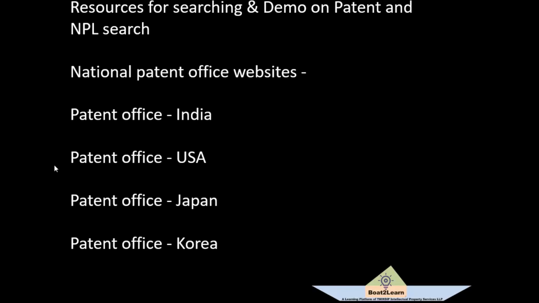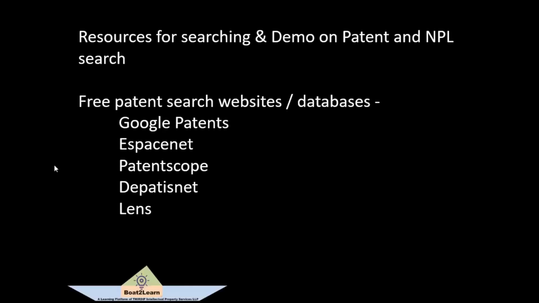All these are websites of the national patent offices, used for searching patents filed in their country, who the inventors are, and the records from that country, which we can get through their patent office website databases.